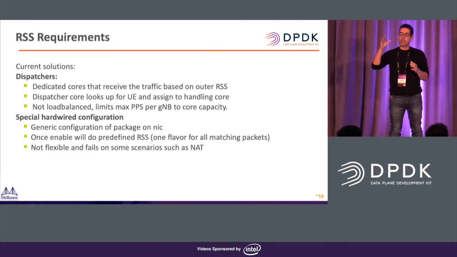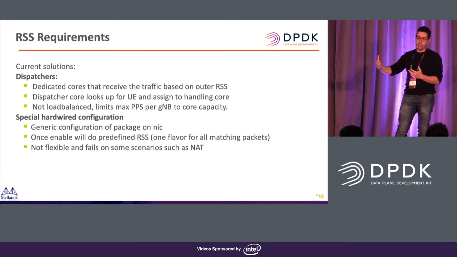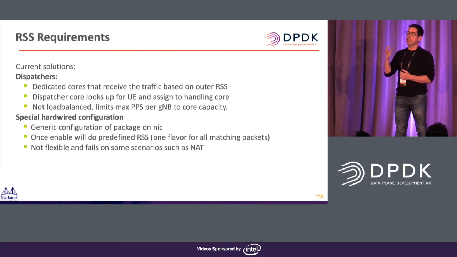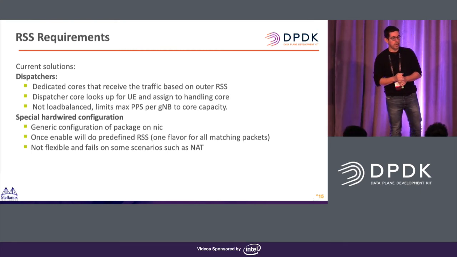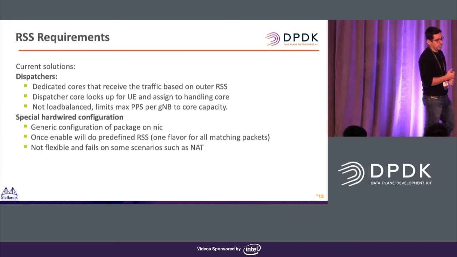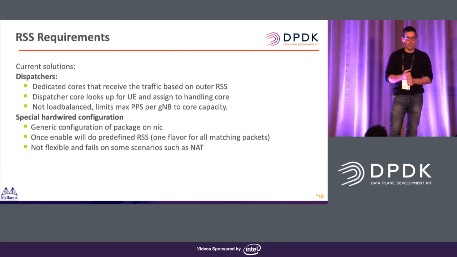The core is looking in a very big table for the UE. You have to parse the packet, extract the inner source IP, look for the UE, find out which core is handling it, and put the packet in the queue. This is very inefficient, and you're wasting cores. It is not a good way to utilize your CPUs.